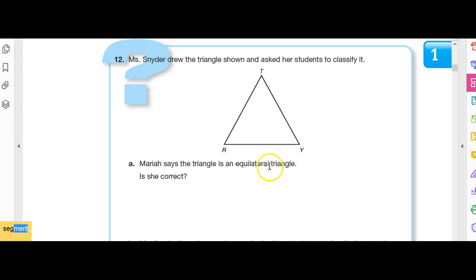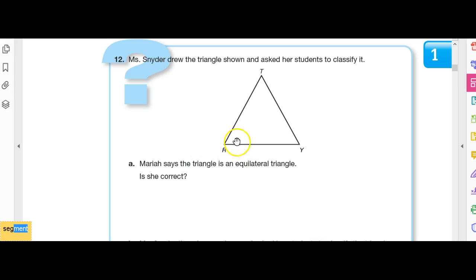And lateral, in English, it means the side, right? And in Spanish, lado. So a triangle, de igual lado, right? Which means, basically, equilateral is saying that the three sides of the triangle are all equal to each other. 1, 2, 3.